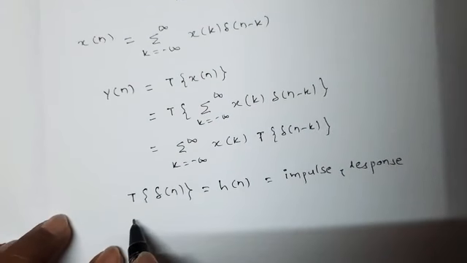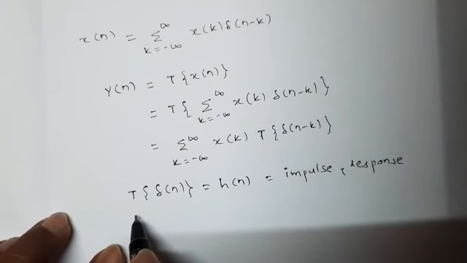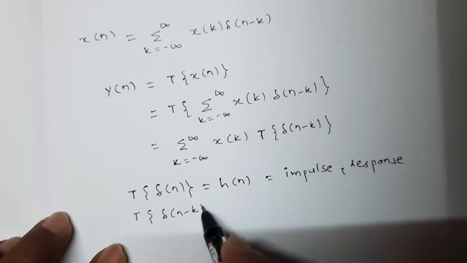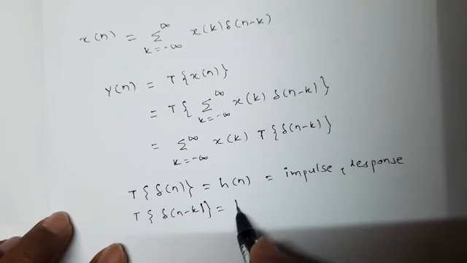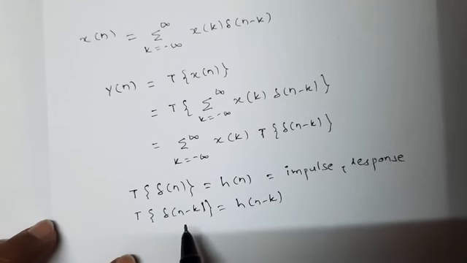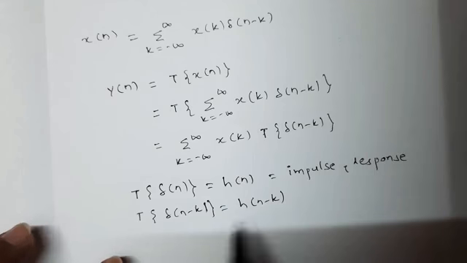Now, this system is a time invariant system, hence T of del of n minus k becomes h of n minus k, meaning an identical shift at the input and output side.